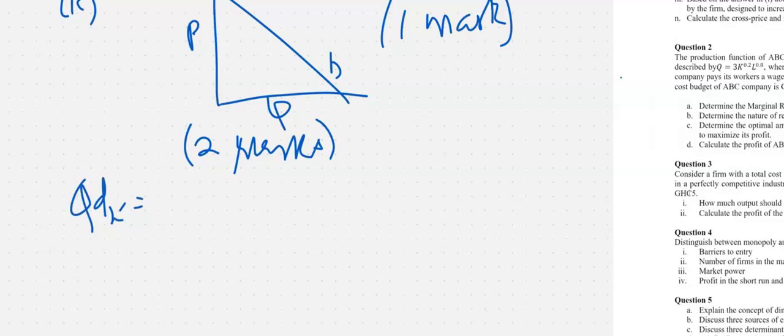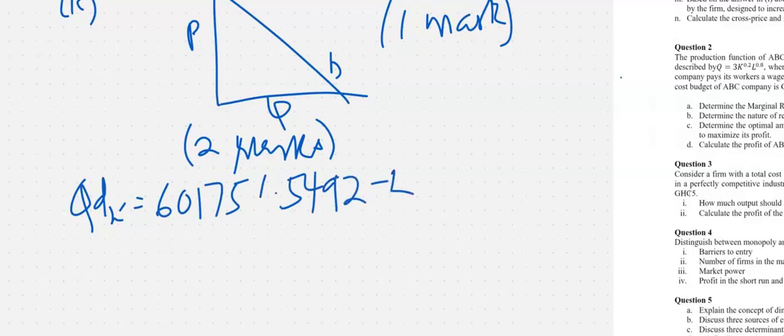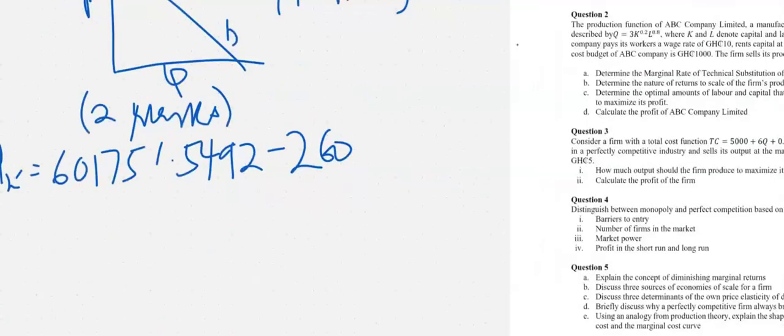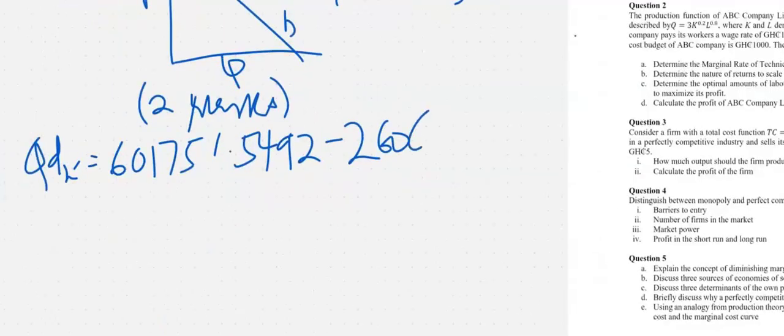What we just got, which is 601751.5492, right? Minus 260.6820 PX, right?